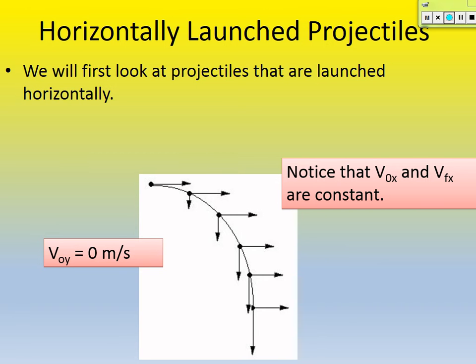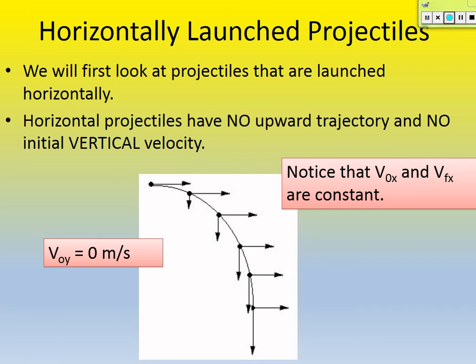Okay, horizontally launched projectiles. We're going to talk about this today. We're going to launch them directly horizontally. We will first look at the projectile's horizontal velocity. And so we're going to look at the velocity going directly horizontal. They have no upward trajectory, so they have no initial vertical velocity.